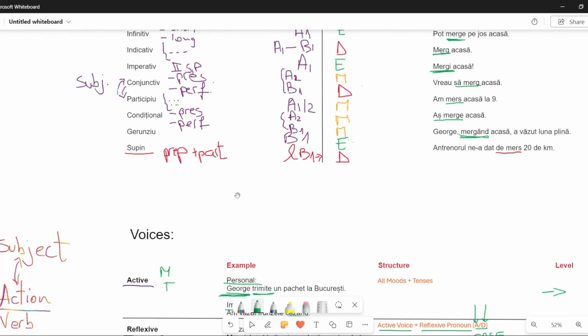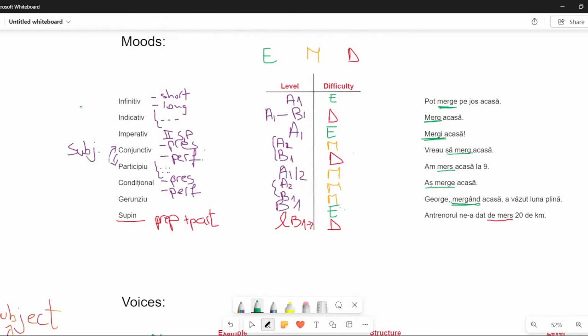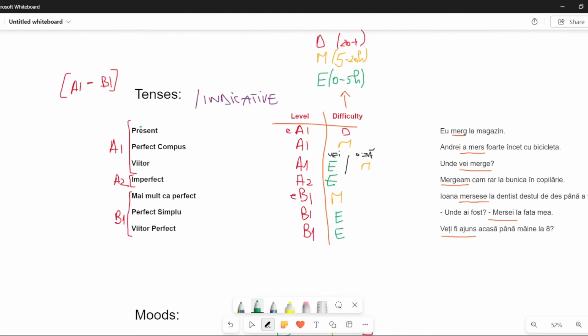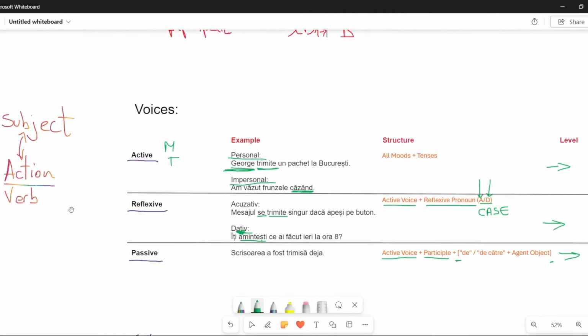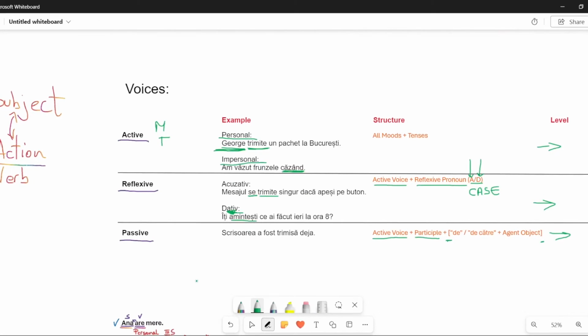You remember from above we had a total of 1, 2, 3, 4, 5, 6, 7, 8 moods, out of which a few of them had variations, 2 or 3, and also the indicative, which had 1, 2, 3, 4, 5, 6, 7 variations. That's what I mean by the active mood being extremely challenging.